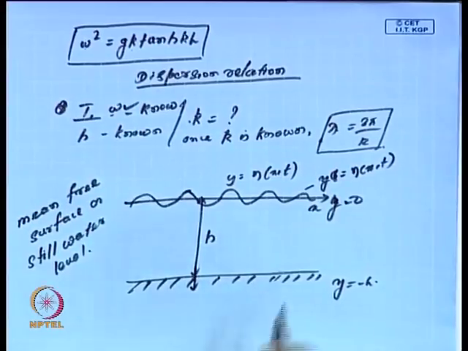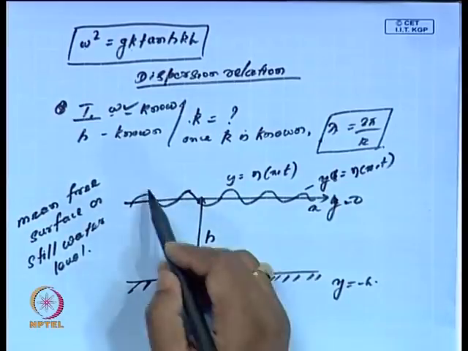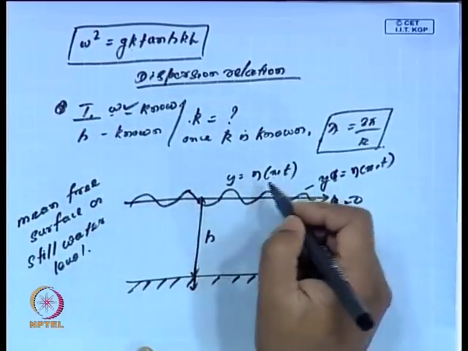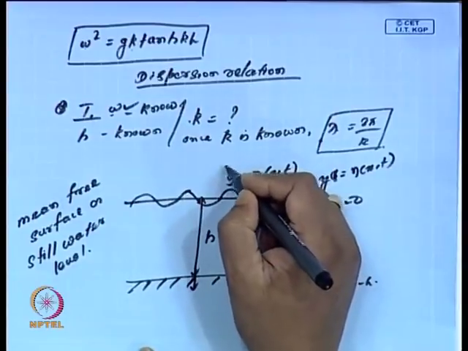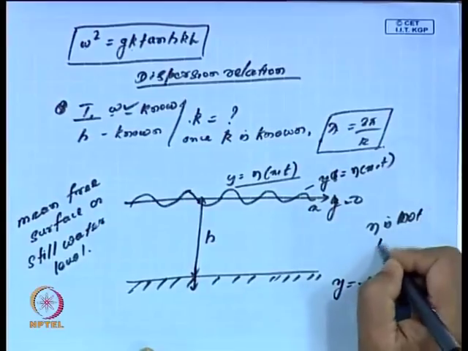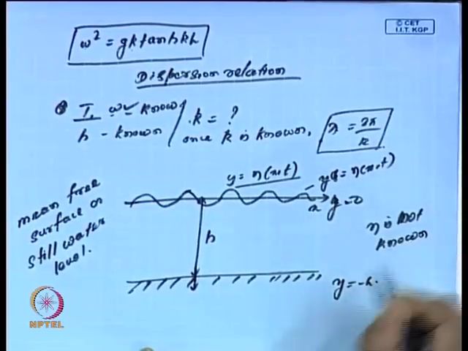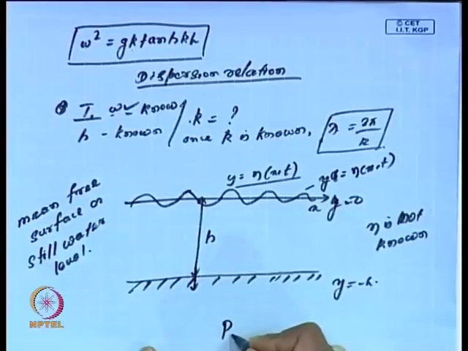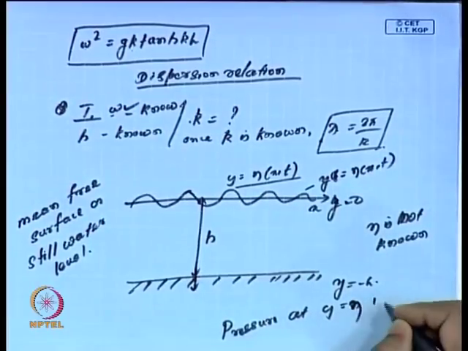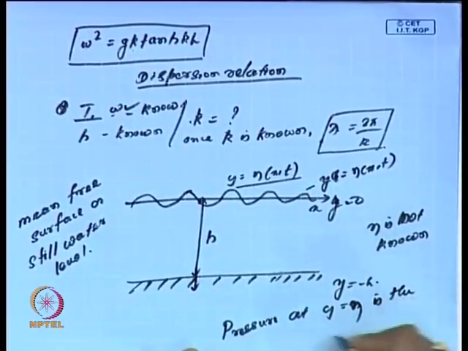When there is no wave, y is equal to 0 is the still water level, and when there is a disturbance, we call y is equal to eta the free surface. As I have mentioned, on the free surface this eta is not known. What is known is the pressure at the surface at y is equal to eta, the free surface, which is the atmospheric pressure.